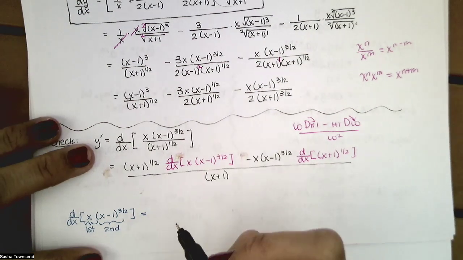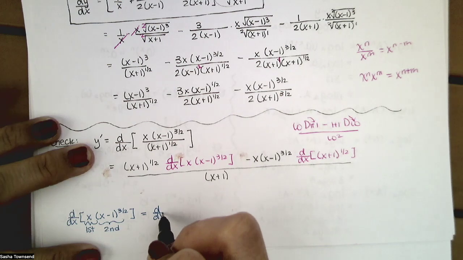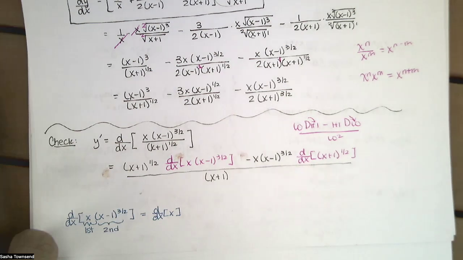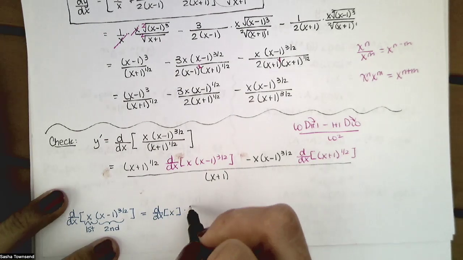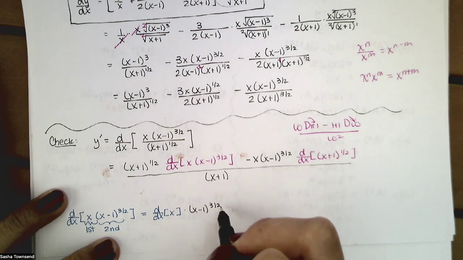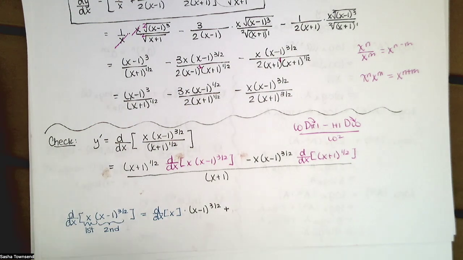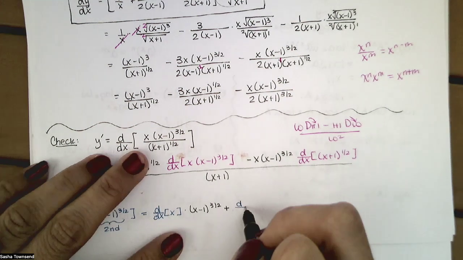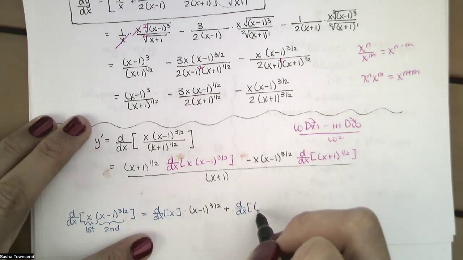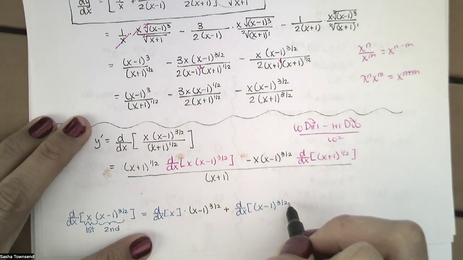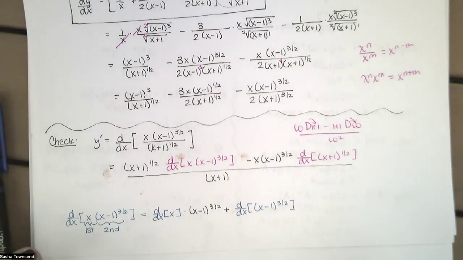So we'll have the derivative of the first times the second undifferentiated, so you just leave it alone, plus the derivative of the second times the first undifferentiated, so you just leave it alone.